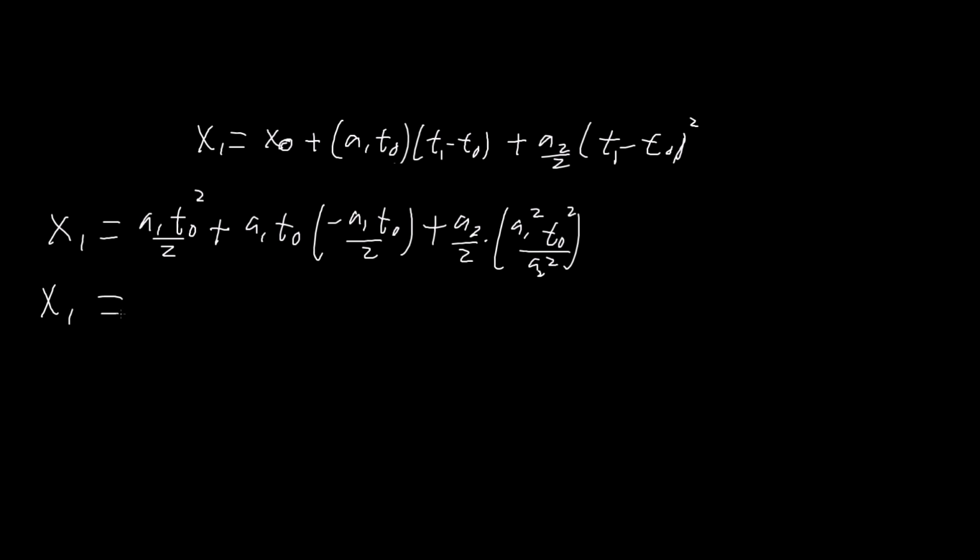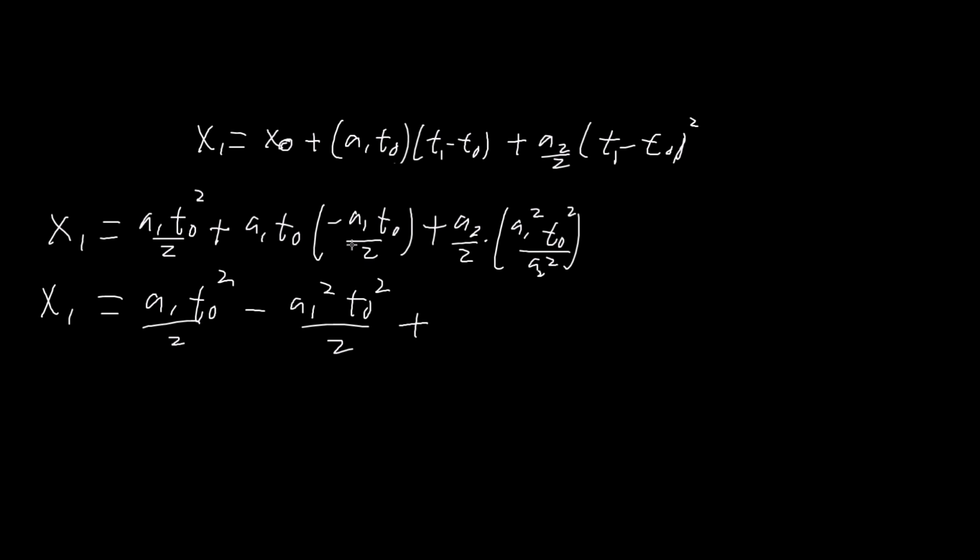So x1, I should probably pause this video here, but I'm going to keep going. a1 t naught squared over 2, minus a1 squared t naught squared over 2. And that looks like something cancels. Well, it doesn't really look like it cancels, but that's okay. Actually, this simplifies. And actually, I think I messed up somewhere.